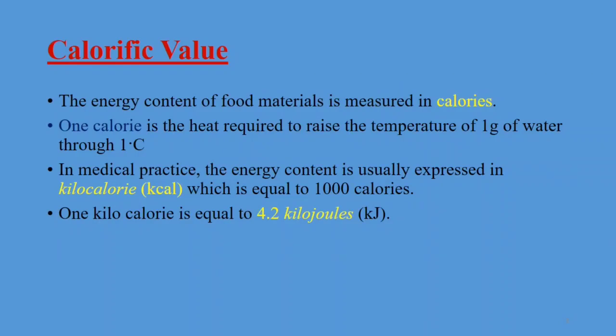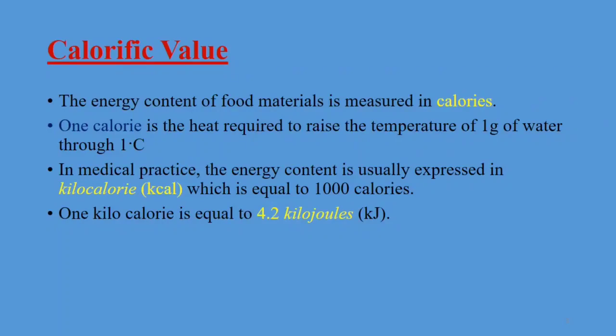The definition of the calorie: 1 calorie is the amount of heat required to raise the temperature of 1 gram of water by 1 degree Celsius. In medical practice, the energy content is usually expressed in kilocalorie, which is equal to 1000 calories. 1 kilocalorie is equal to 4.2 kilojoules.